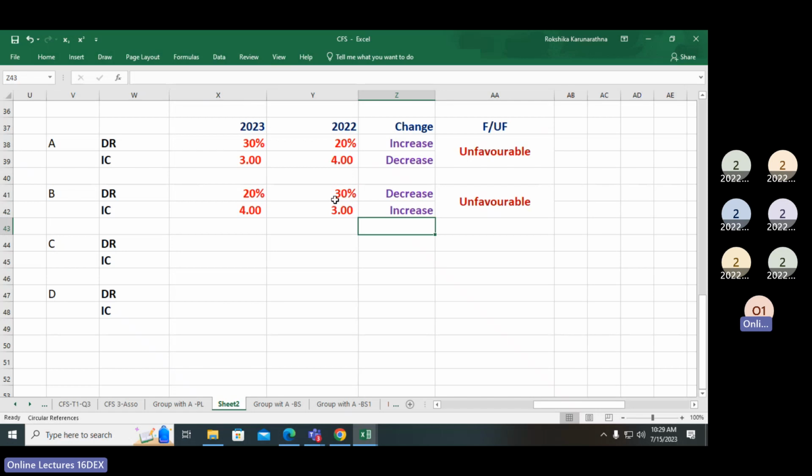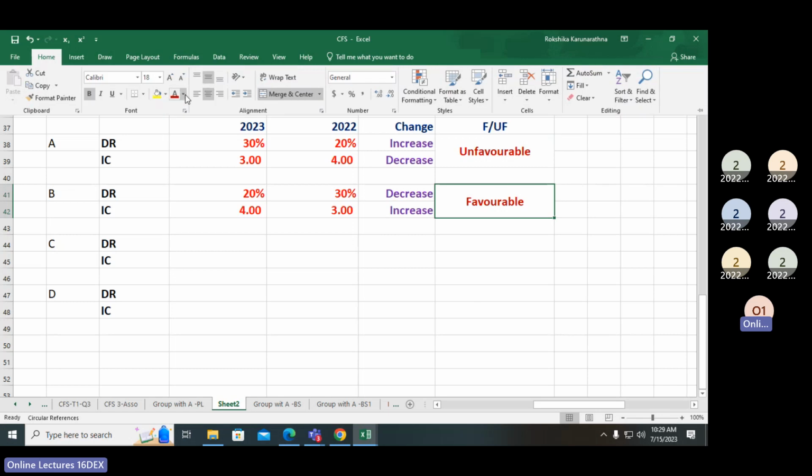While the debt ratio decreases, debt ratio decrease means your financial risk decreases. Meanwhile, interest cover increases. So this is, what do you think? This is favorable. Right?